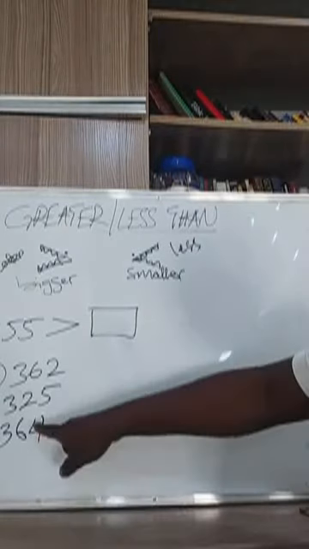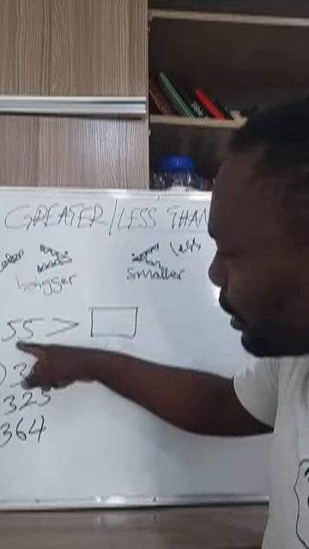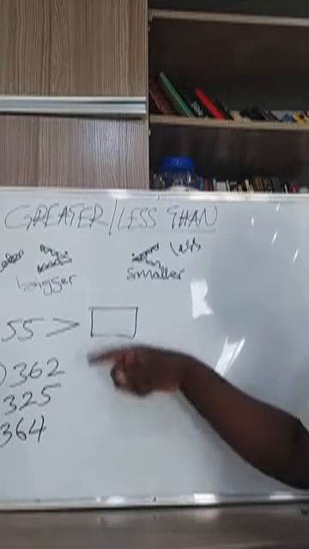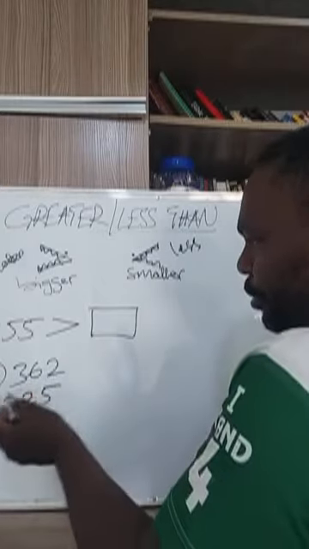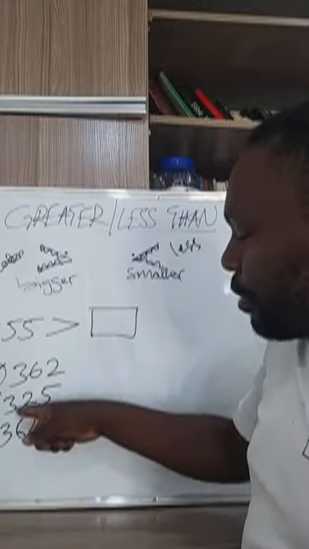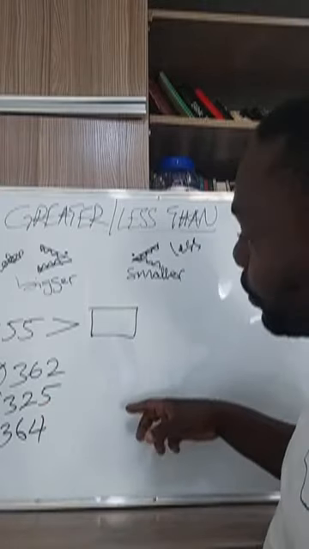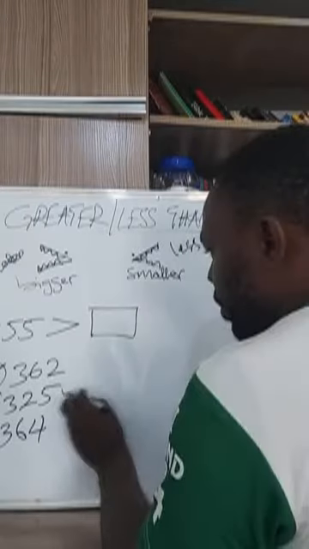Now, let's look at the first one, 362. Is this greater than 362? No, it can't be. Is it bigger than 325? Yes, it's bigger than 325. Let's check this.